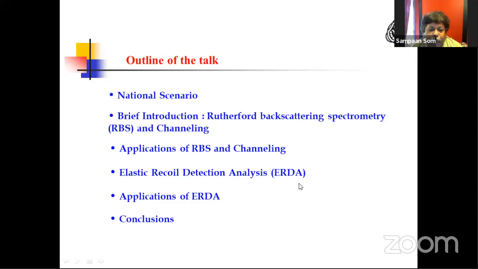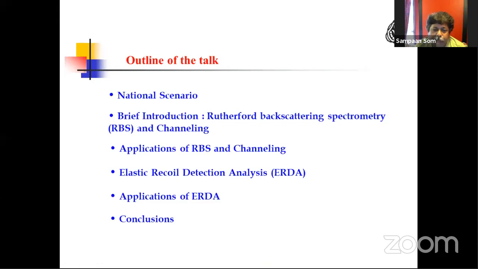Okay, this is a brief outline. I'll first show, based on low energy accelerators, what places are doing ion beam analysis today, mostly RBS, which is a short form of Rutherford backscattering spectrometry.